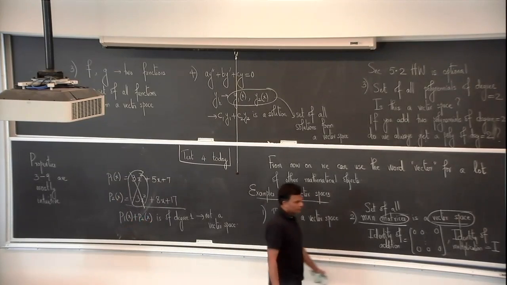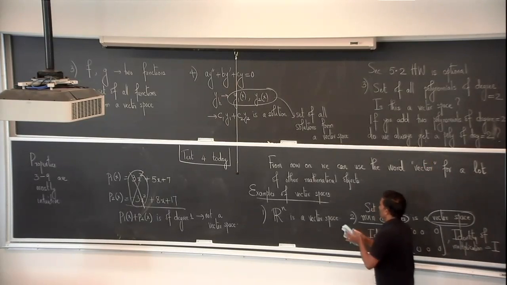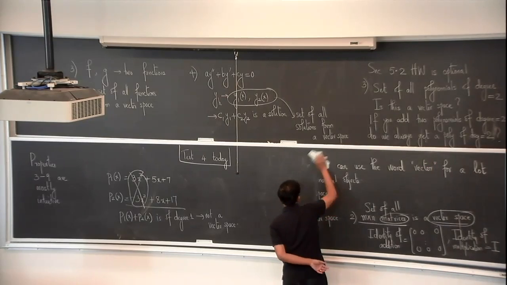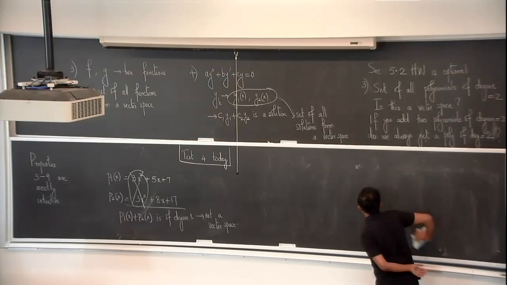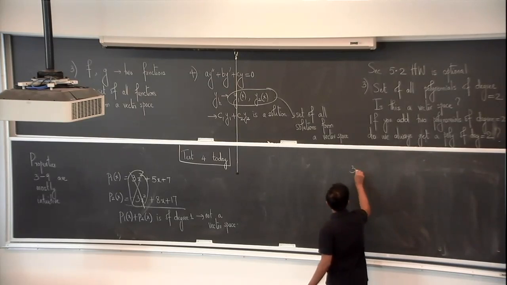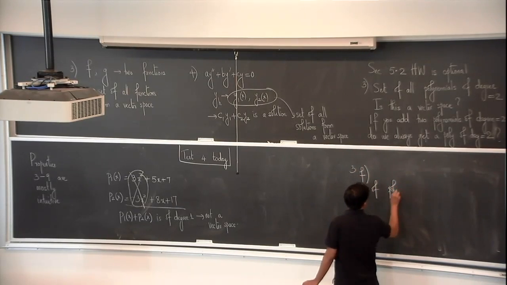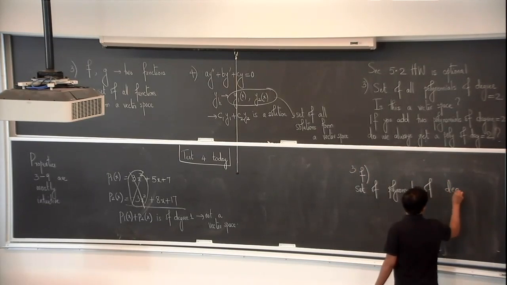So this is problem 3, part G. But if you look at 3F, it looks very similar, but that is 3G. 3F says that the set of polynomials of degree less than or equal to 2.